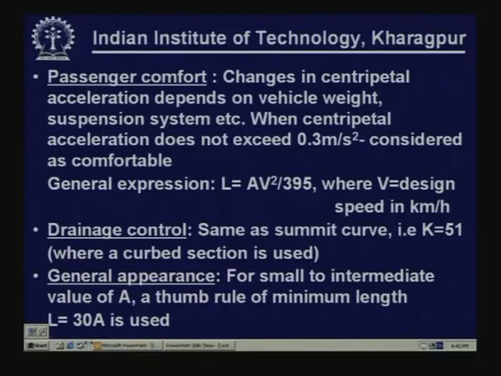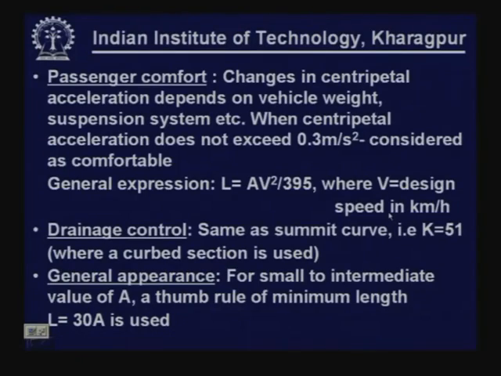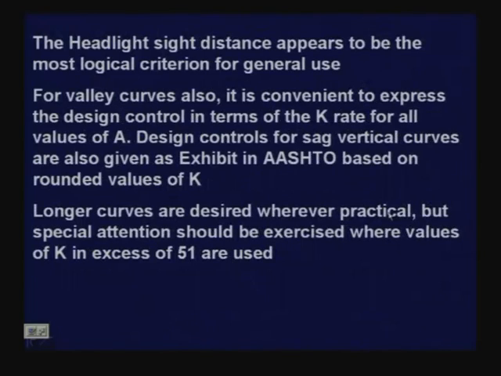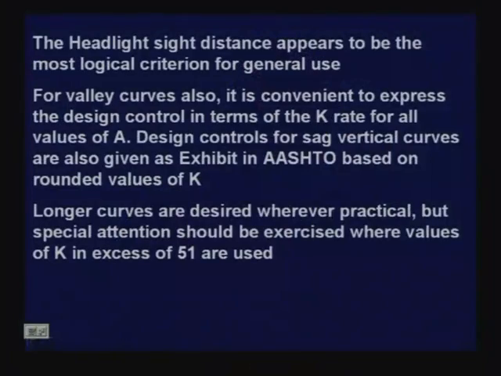One is headlight sight distance criteria, then passenger comfort, then drainage control and the general appearance. It is normally found that the headlight sight distance appears to be the most logical criterion for general use. Of course, for valley curves also it is convenient to express the design controls in terms of k, as we have discussed in detail for the summit curve.